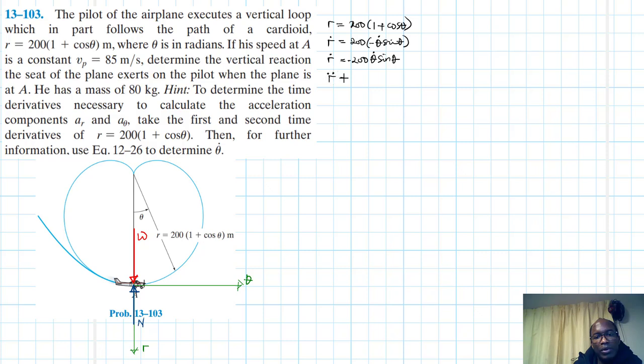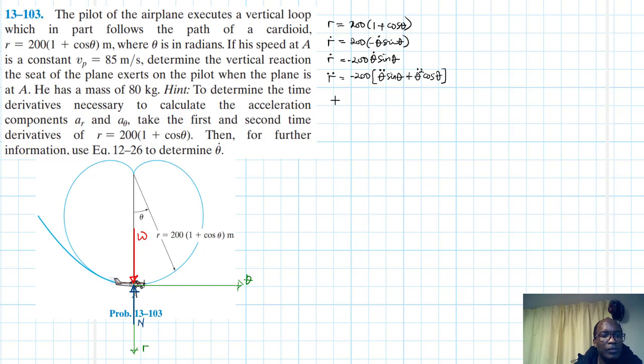Then r double dot is minus 200, and we open the bracket, using the product rule, we find the derivative of the first function and hold the other one constant, so we have this expression.